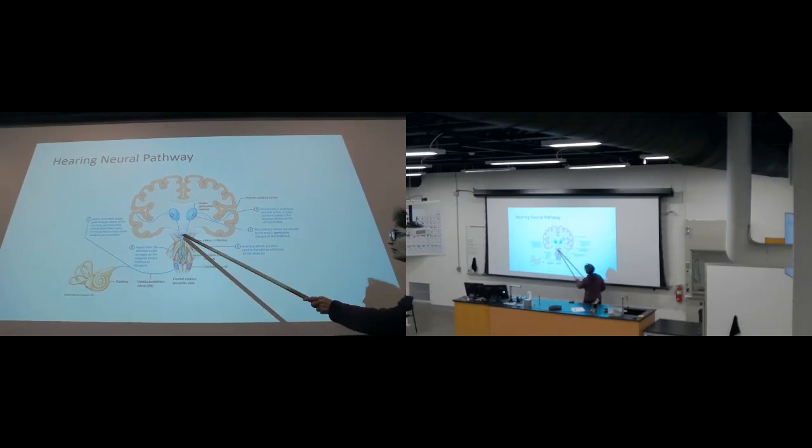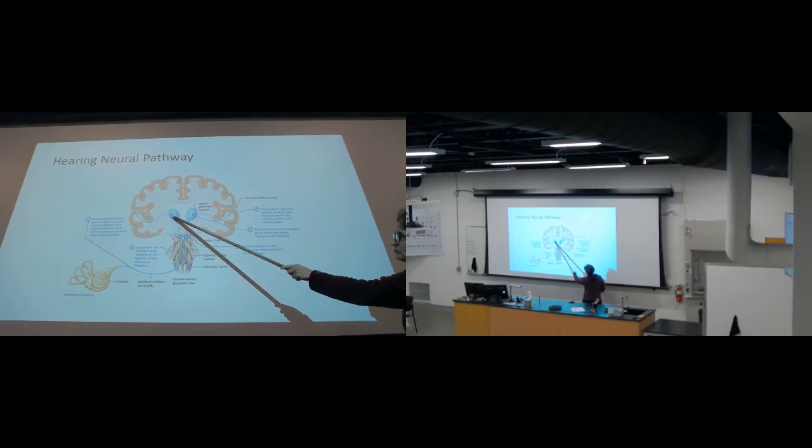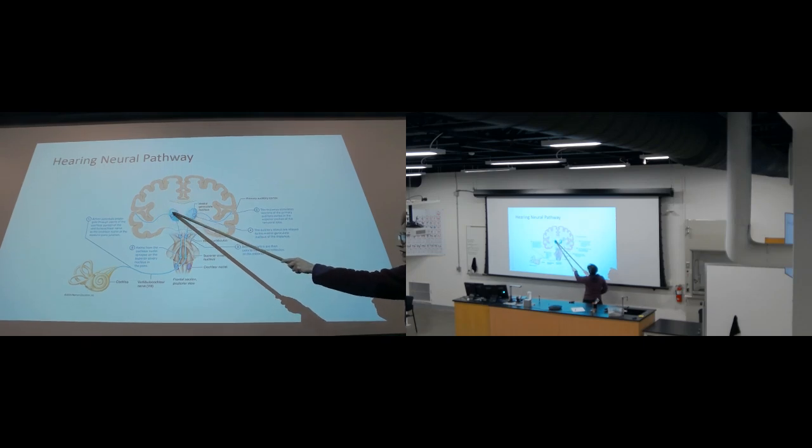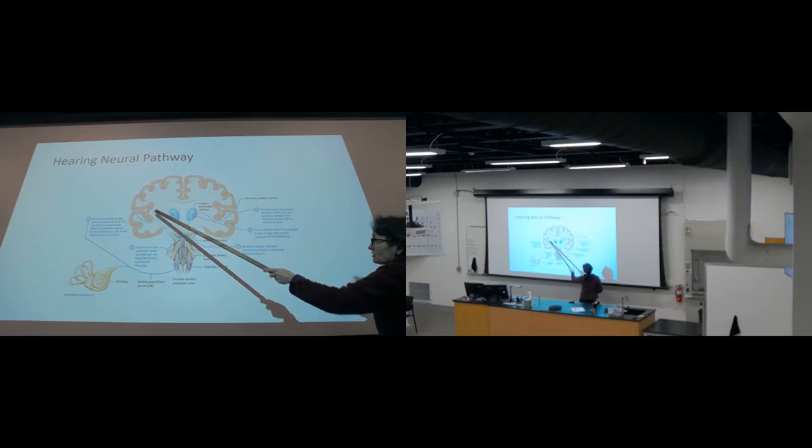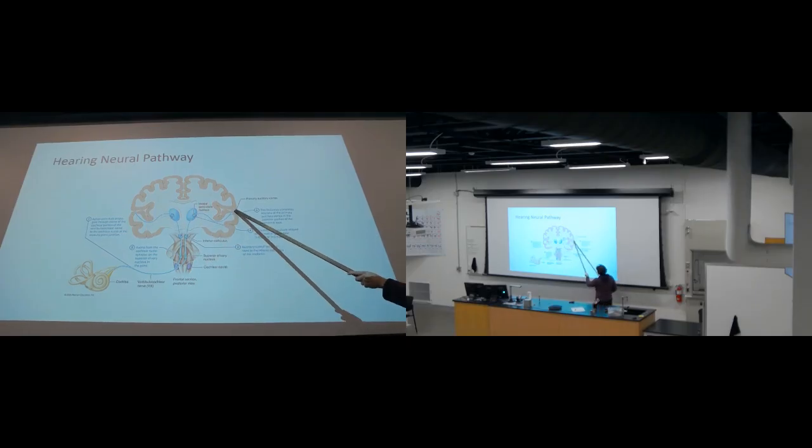Now, from this inferior colliculi, neurons extend to connect to the medial geniculate nucleus in the thalamus, and from there you will have axons that extend to the temporal lobe in the auditory cortex, in the superior portion of the temporal lobe, which is this. This is where we have the primary auditory cortex. That's where we interpret the sound.